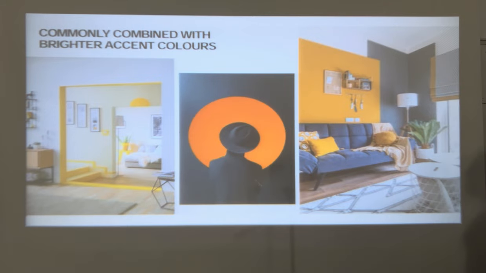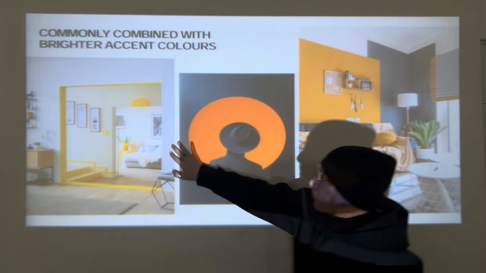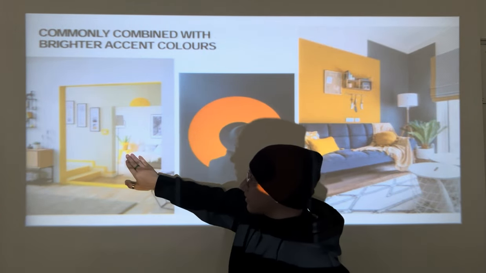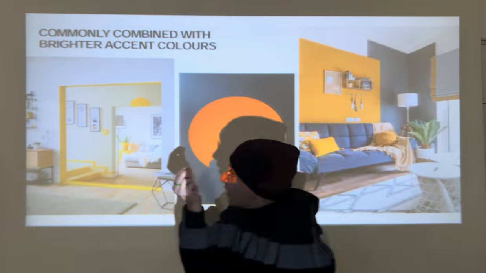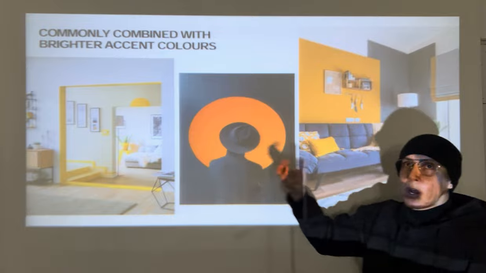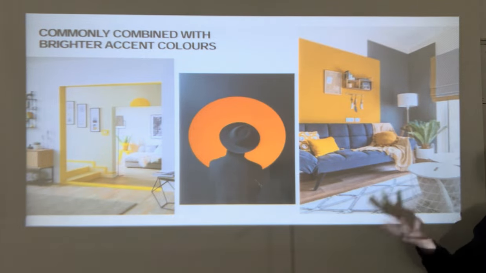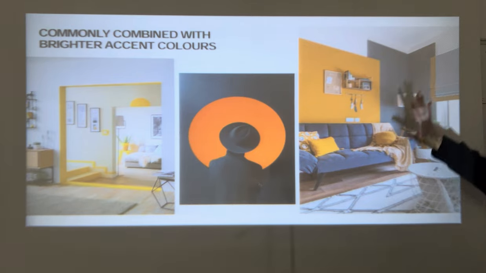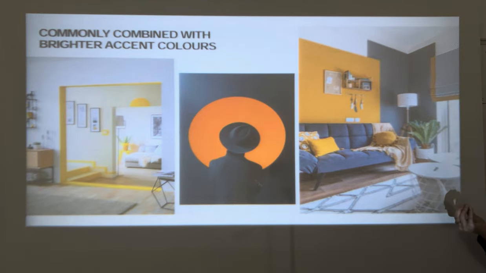More examples. As you can see here, these are neutral colors, and then certain items, certain parts of the design can be brighter to stand out, as we said. Okay, but the majority is neutral.